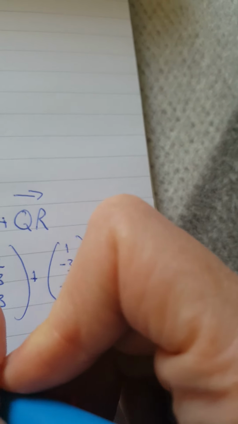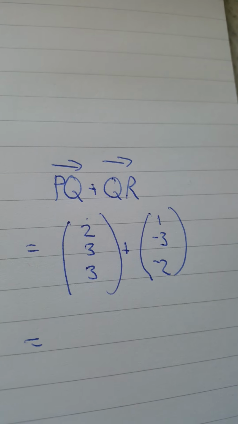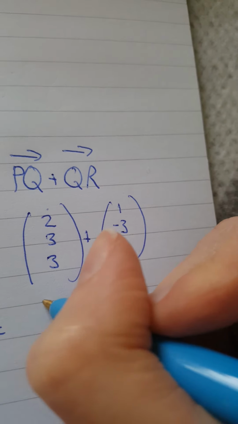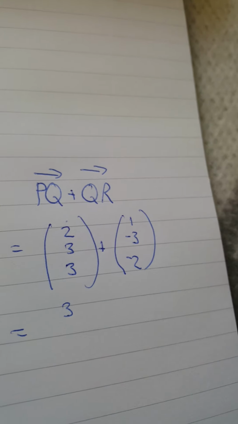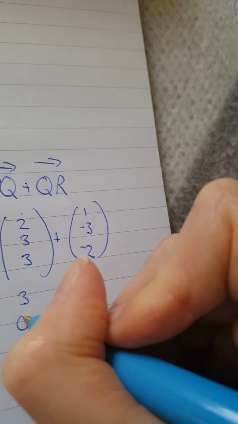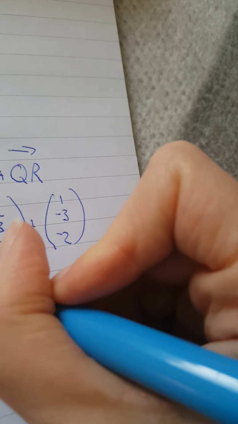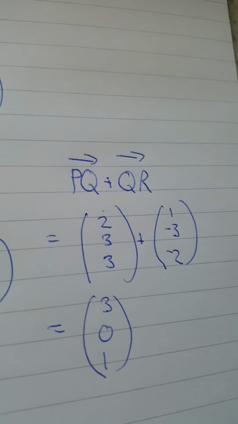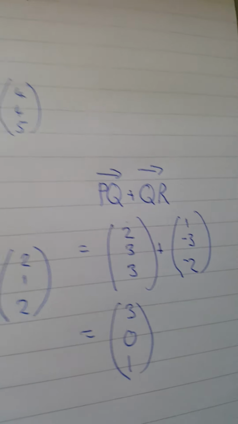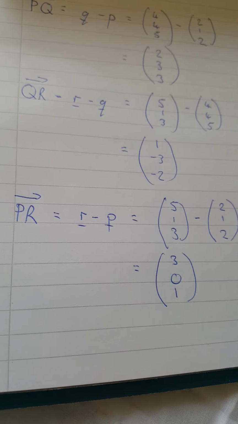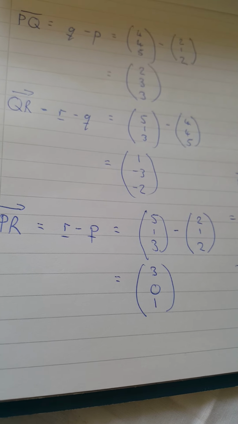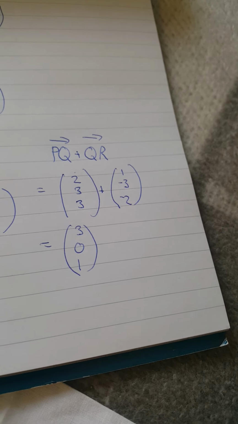When I add those two vectors together, I should get 3, because 2 and 1 is 3. When I add 3 and minus 3 together, I get 0. And when I do 3 add minus 2, I get the answer 1. So sure enough, PQ plus QR is the same thing as PR. 3, 0, 1 for both answers there.